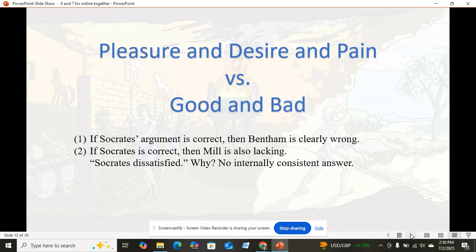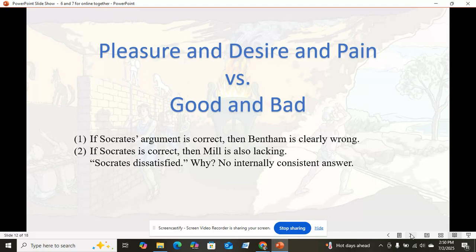Furthermore, John Stuart Mill is also lacking. He's not as raw and as straightforward as Bentham. He tries to make some allowance for what he would consider higher desires and lower desires. He tries to avoid the language of good and bad, similar to the way Ayn Rand tries to talk about rational self-interest or higher goods for yourself.